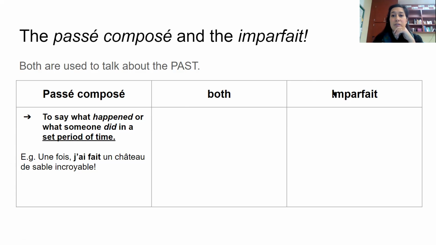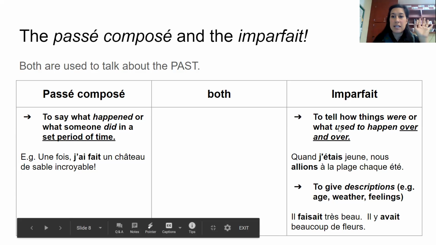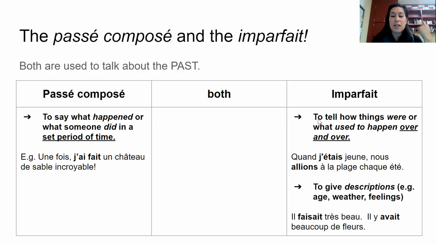Okay, we're going to move on and skip over both, and go to the imparfait. So comparatively, when do we use the imparfait, and what kind of past tense meaning would we use it for? Dis-moi. Okay, so there were 2 times. This is the one that we looked at in the last unit: how to tell how things were or what used to happen over and over.